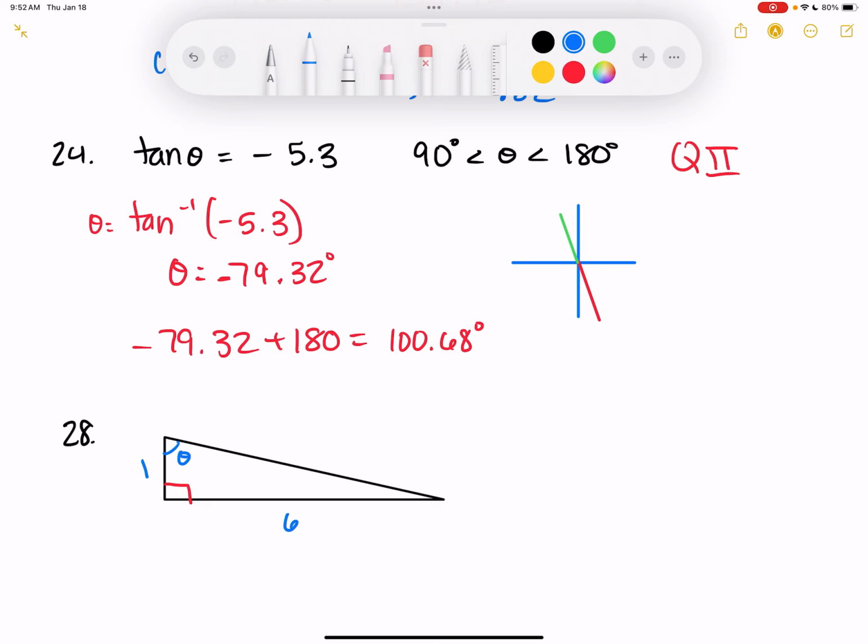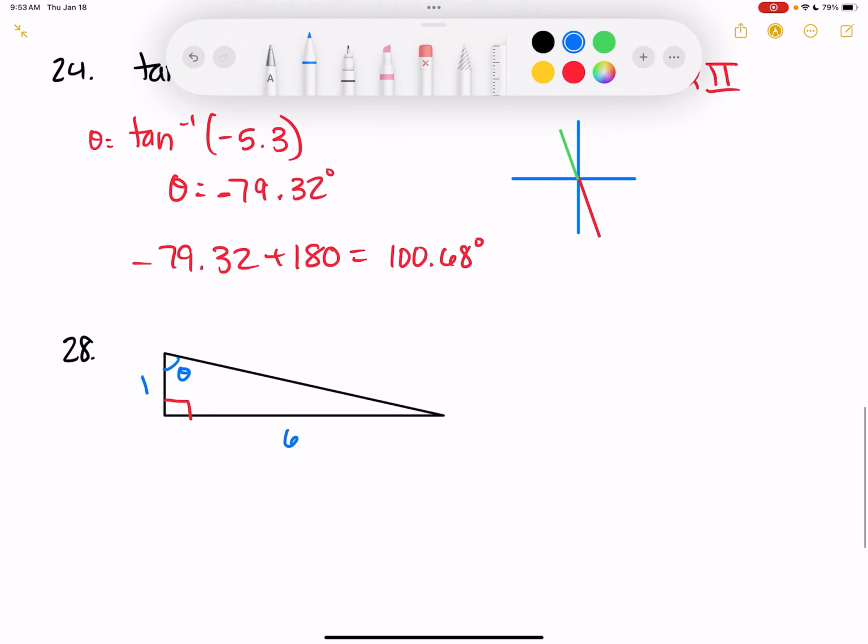Before, they gave us theta and a side and we were trying to find the other side or the other pieces that were missing. But now they want me to find theta. So what trig function associates that angle theta with the two sides that I have? Tangent.